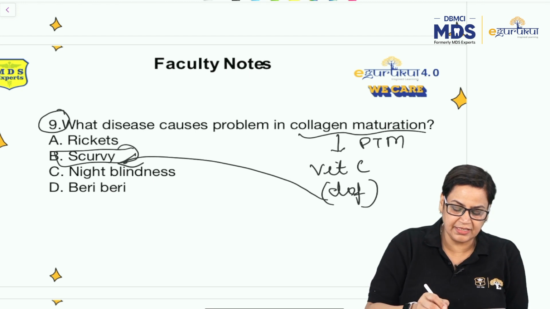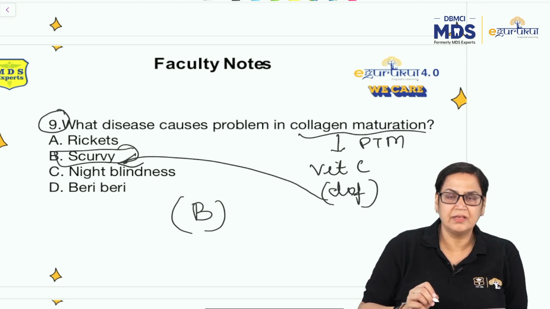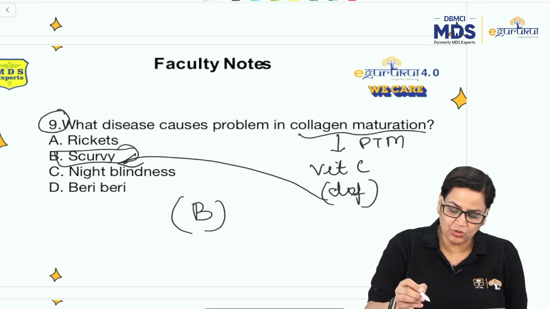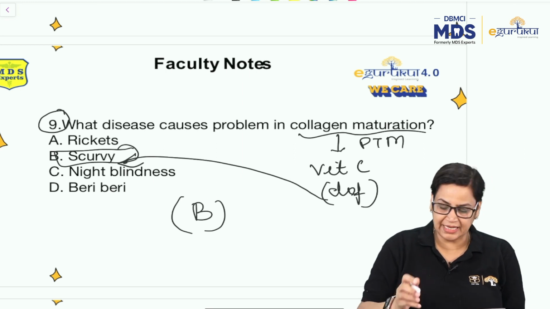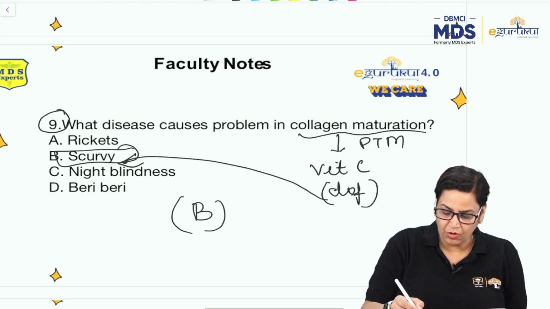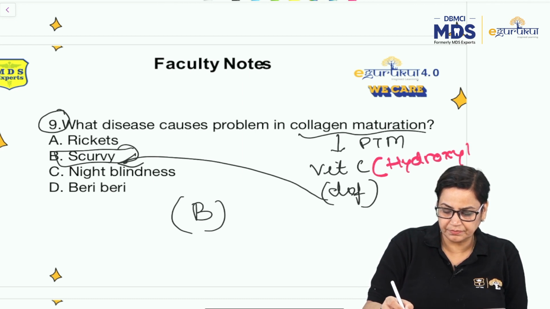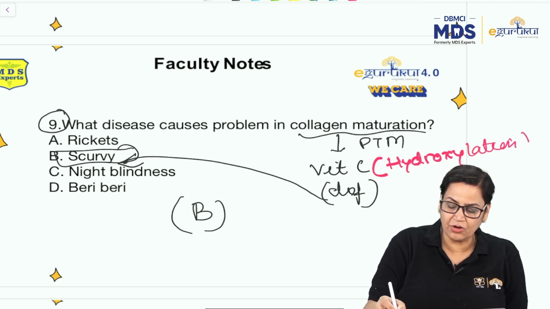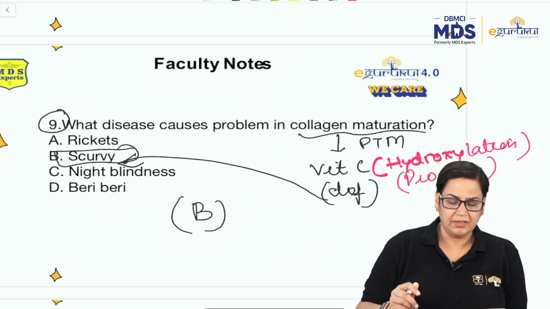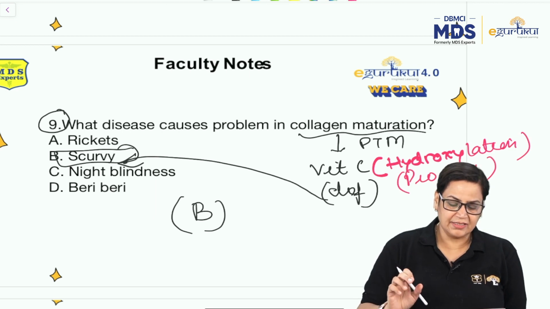So the answer is scurvy. And the reason also I told you, because vitamin C is required for hydroxylation. Kiski hydroxylation? Proline and lysine. So the answer is scurvy.